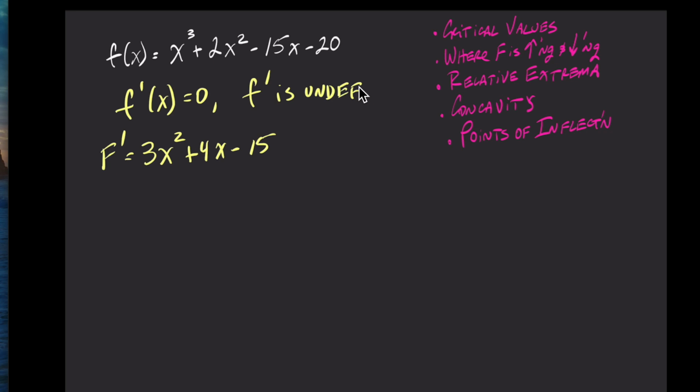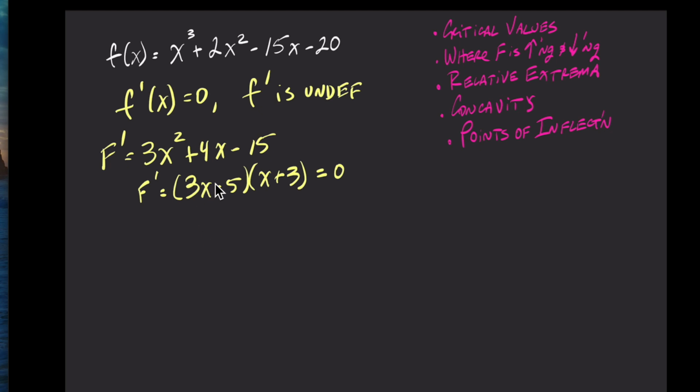And when you factor this expression, you're going to get (3x minus 5)(x plus 3) equal to f prime. Now, there's no place where f prime will be undefined, so the only critical values we're going to be dealing with are those that you get when you set f prime equal to 0.